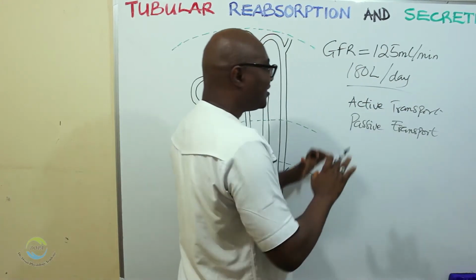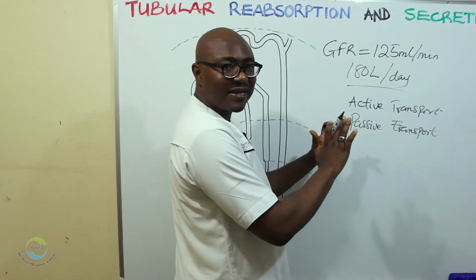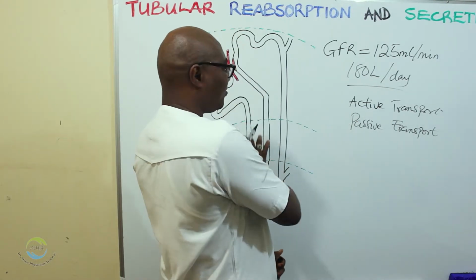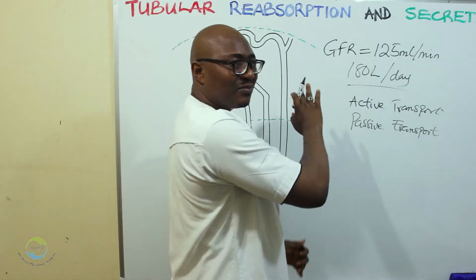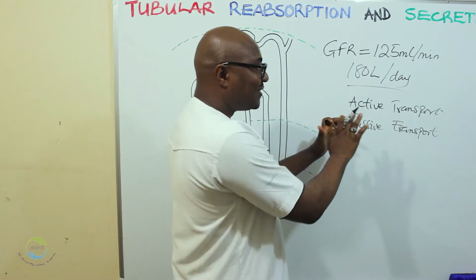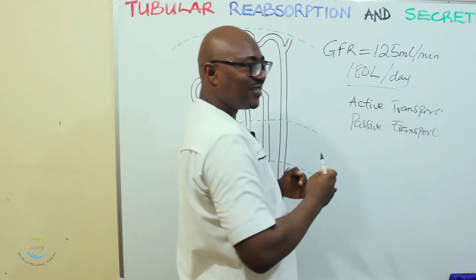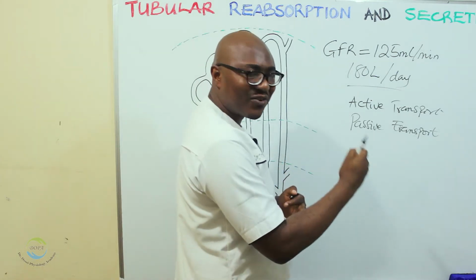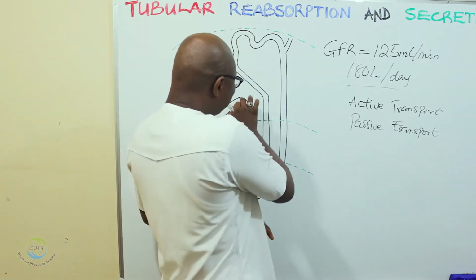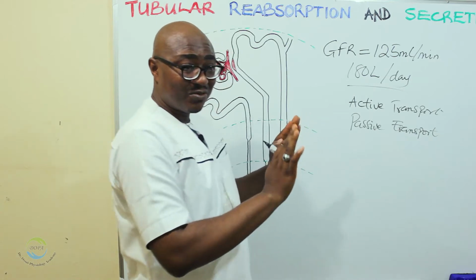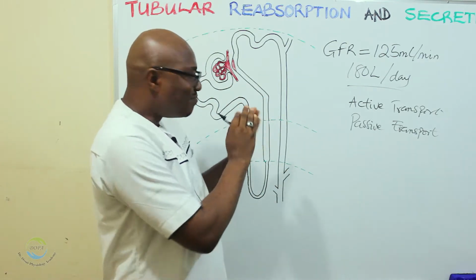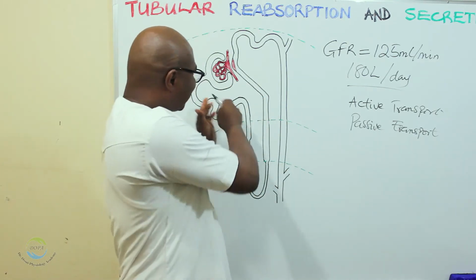So these 2 transport mechanisms, they play a role in the movement of substances. And these things, they are across membranes. So when I'm talking about reabsorption, it's talking about transport across membranes. That's why when we were talking about the general structure, we mentioned that there are cells here.